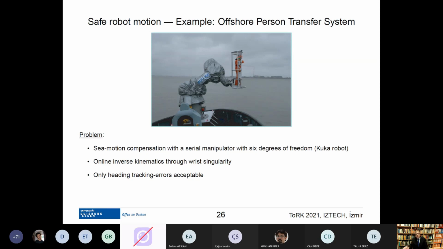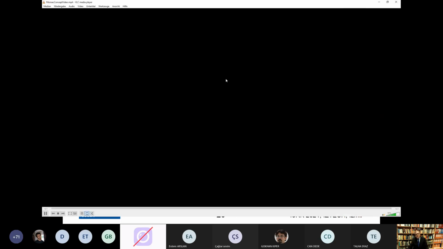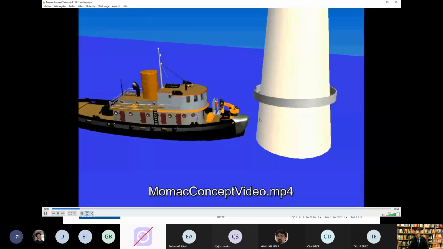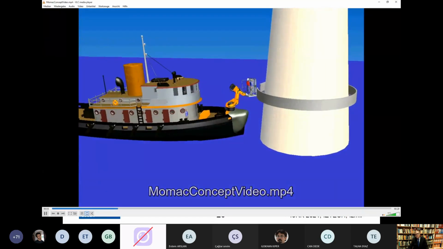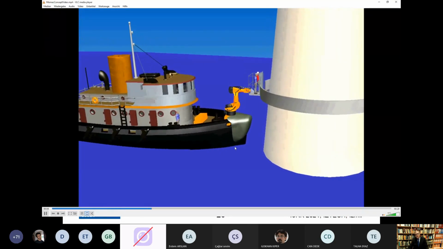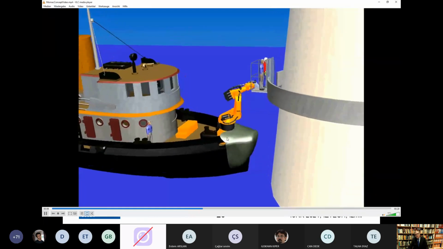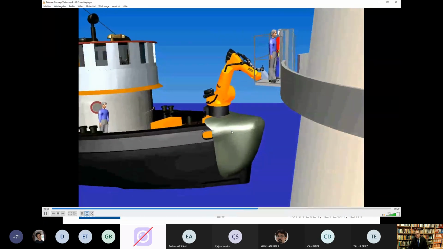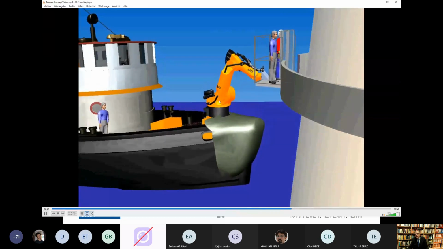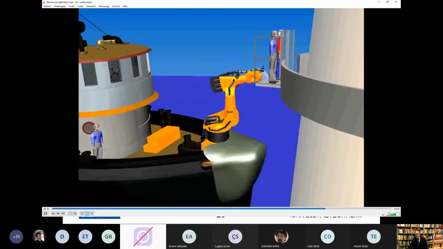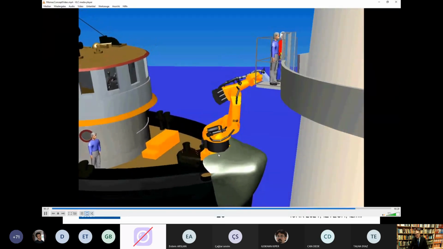And when you have wind, you also have quite high waves. And then the question is, how do you get to this tower when you want to do some repairs? And here you see the idea that the robot more or less is doing the contrary of a normal robot. The robot is not moving the end effector, but it's compensating the end effector.